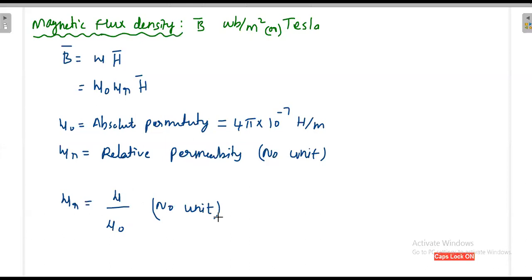If a particular material has very high magnetic properties, its mu r value will be very, very high. For example, iron has strong magnetic properties, so its mu r will be very high, in the range of 1000 or 10,000. The more the magnetic properties, the more the mu r value.